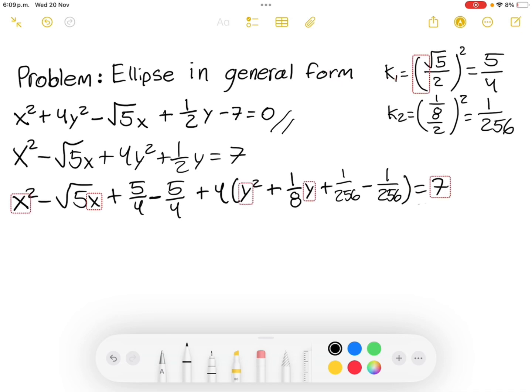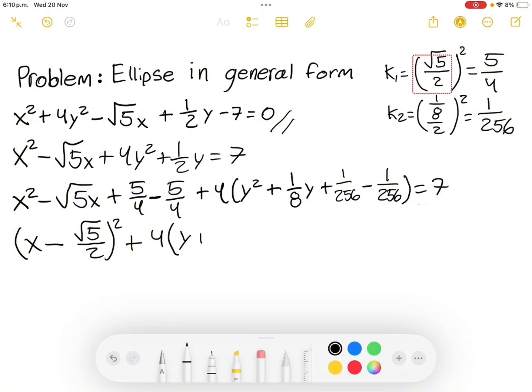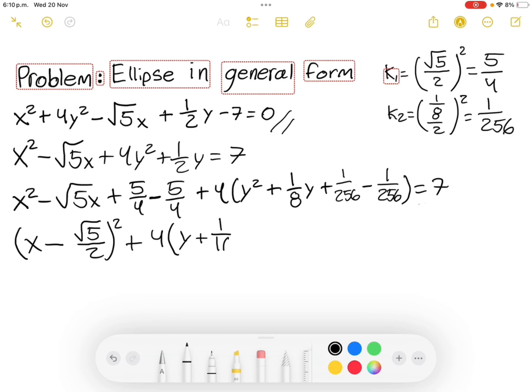We have x minus, we're going to add the square root of 5 fourths, squared, plus 4 parentheses y plus the square root of 1 under 16, squared. This is equal to 7.